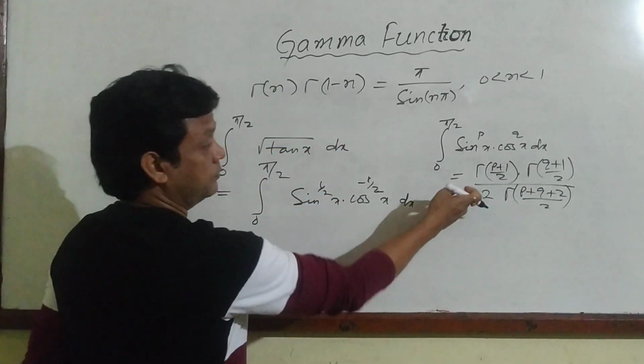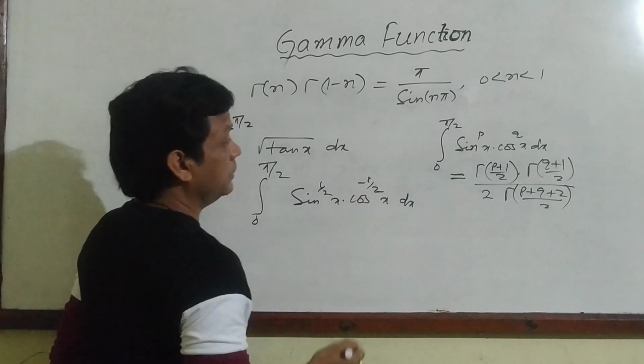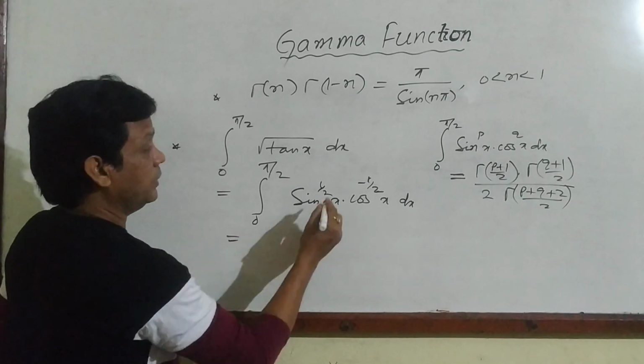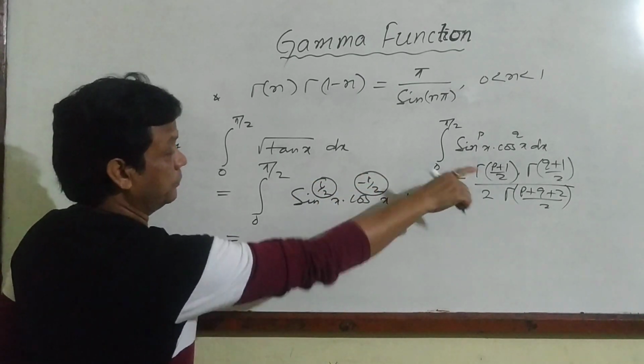I have told you this formula in my part 1. So see here, p is half and q is minus half.